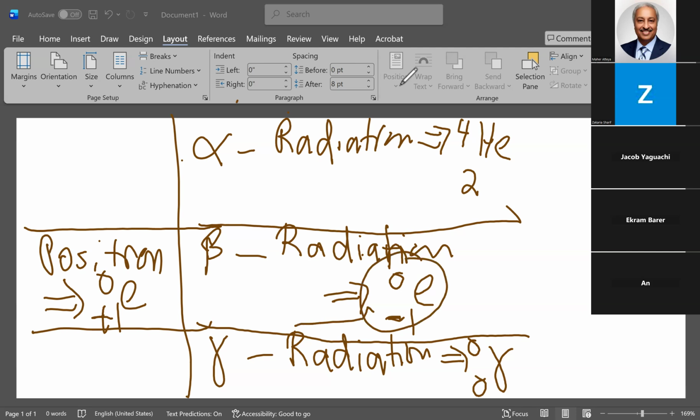This is negative, this is positive. Positron means positive, and beta is negative, the atomic number. Correct? So then if we have this, we have here what is called a proton.